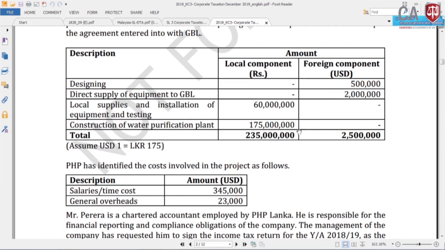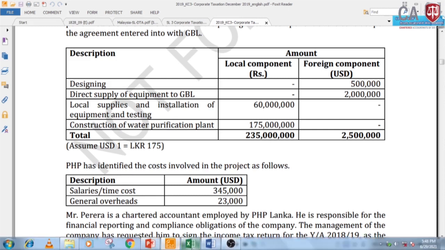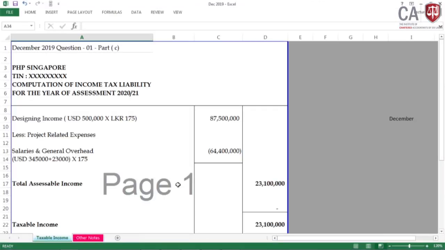Why? Because we have concluded that on behalf of this supply, PHP Singapore is who? Independent agent. And the US dollar values are given, the particular expenses are given. The 1 US dollar equals LKR 175. Then we will come to the answer.